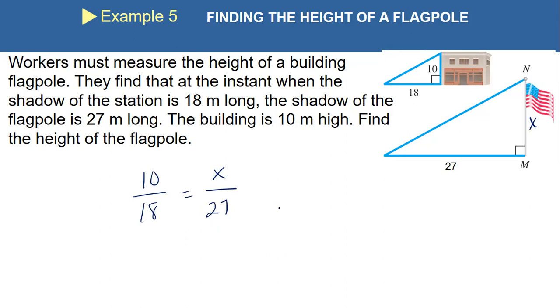And how do you solve a proportion? Cross multiply, and we get 10 times 27 equals 18 times x. After we cross multiply, then we divide. So calculator people, how tall is the flag? 15 meters high.